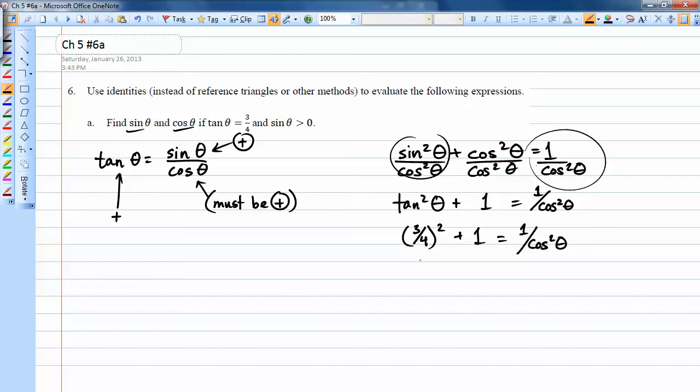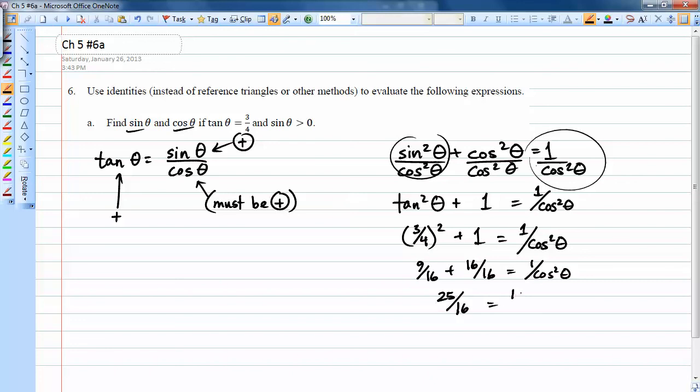So 3/4 squared is 9 over 16. And then I'm adding 1 to it, so I'm going to write that as 16 over 16. And that's 1 over cos squared. And so that'll be 25 over 16, which is 1 over cos squared. Then if I flip the fraction on the right to get cos squared over 1, or just cos squared, then I flip the 1 on the left.